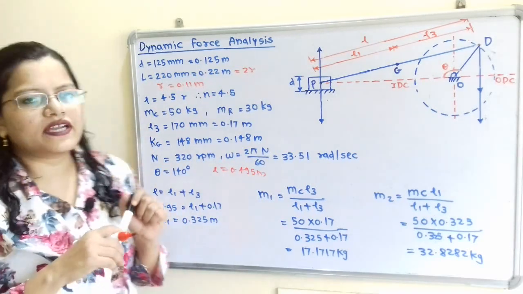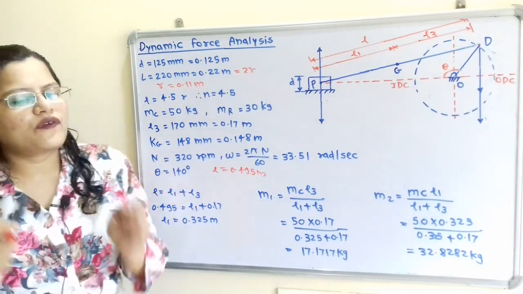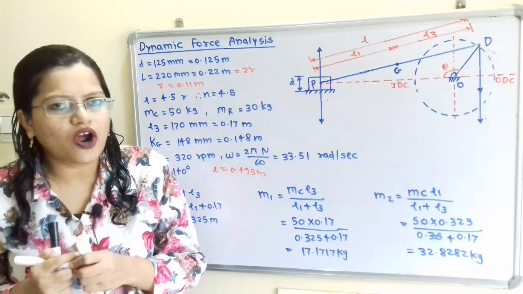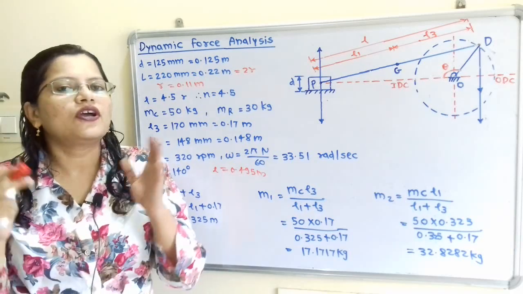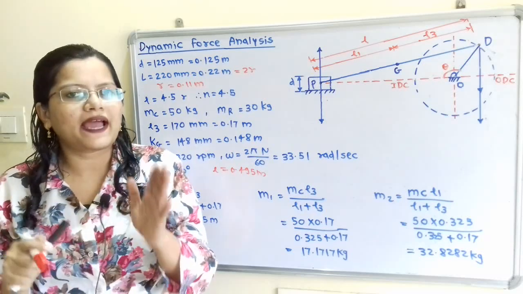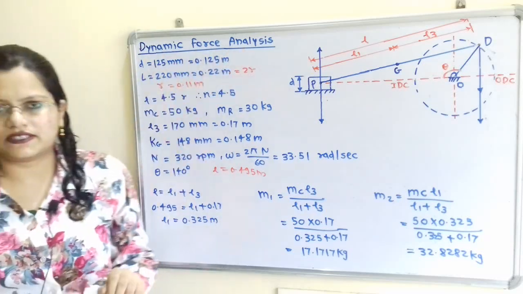Now the mass of connecting rod is given. So whenever the mass of connecting rod we have to consider, then we have to solve the question by dynamic force analysis.